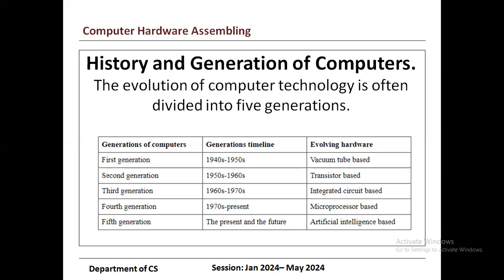In this presentation, I will discuss the computer generations in great detail. In our next slide, we'll discuss the features, advantages, and disadvantages of every generation of computers. So now let's move to the next slide.